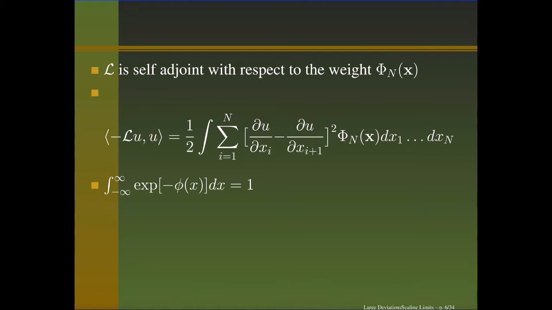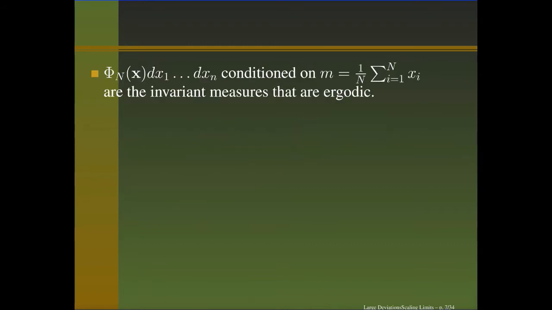The sum is conserved, as we saw, and although Phi N is a reversible invariant measure, it's not ergodic for the Markov process because of the conservation law. If you fix the mean at some particular value, then the conditional distributions are invariant measures, and they are in fact ergodic.